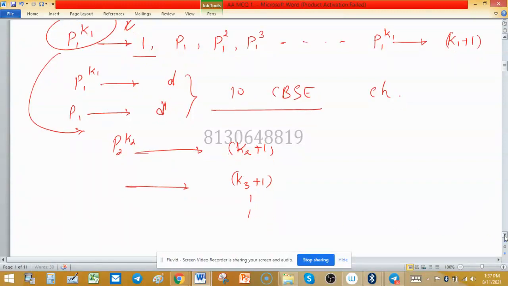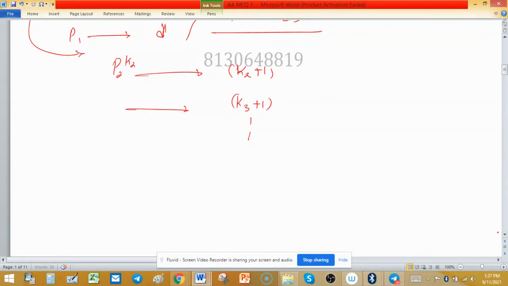So to find the total factors, we need to multiply them. n is equal to p1 raised to the power k1, p2 raised to the power k2, and so on, and because these are in a product, we use k1 plus 1 for the first, k2 plus 1 number of factors for the second, and similarly for the others up to kl plus 1.